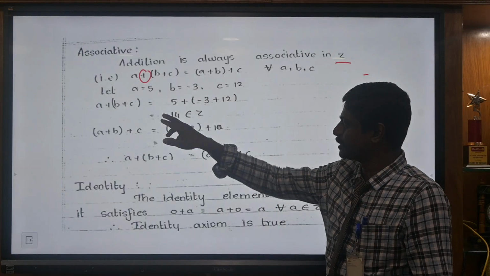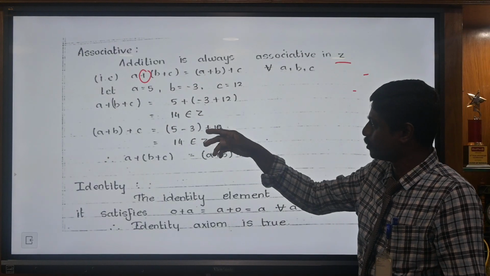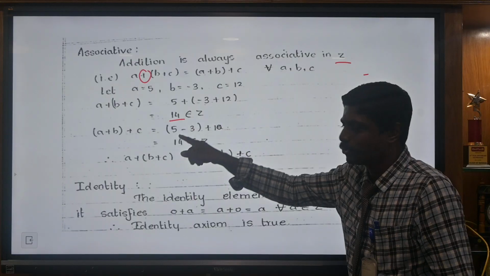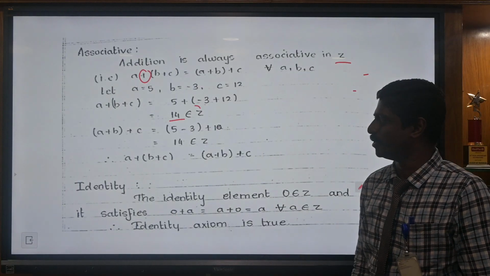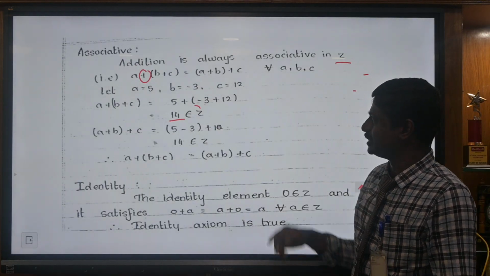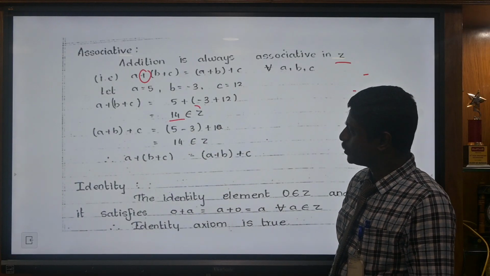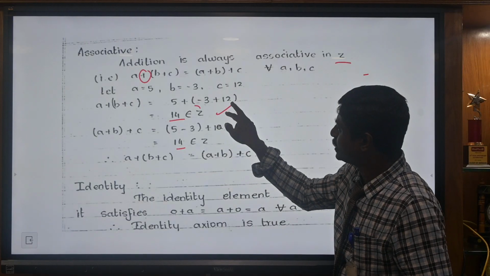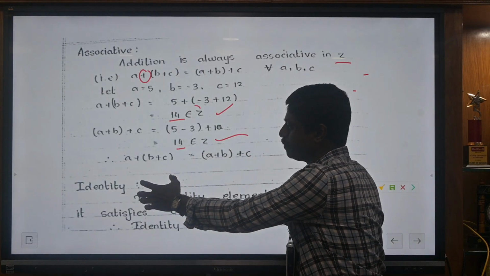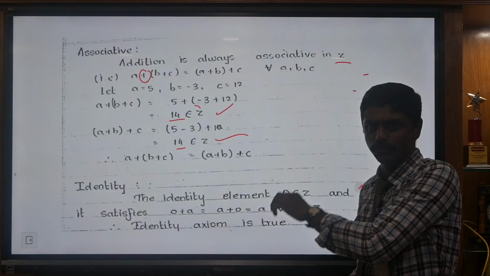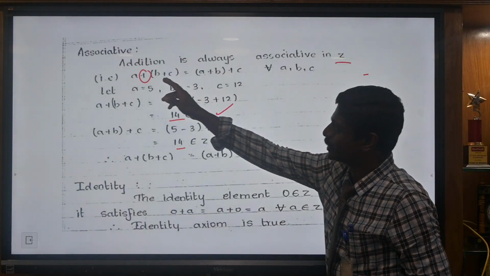Take LHS: A plus (B plus C). Substituting the values, you get 14, and 14 also belongs to Z. Now take the right hand side: (A plus B) plus C. Substituting A equals 5, B equals minus 10, C equals 2, you get 14 again. So LHS equals RHS. Therefore A plus (B plus C) equals (A plus B) plus C. Here the associative law is true.